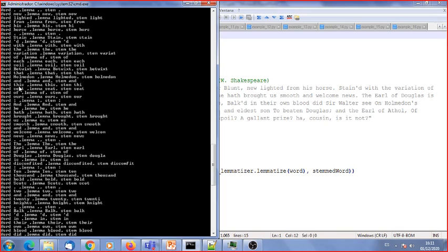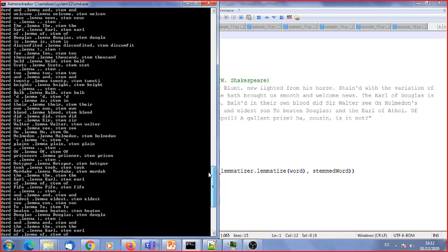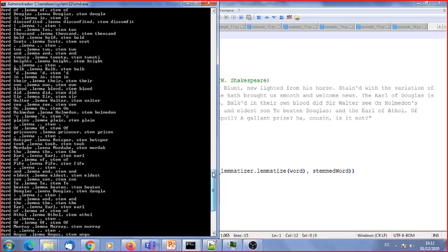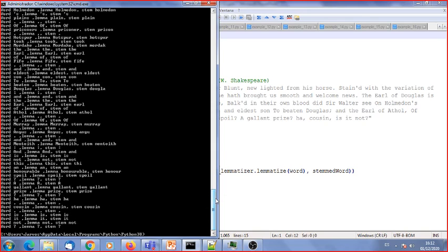For example, the lemma is "this", and the stem is "thi" without the final s. And "ours". So there are some differences, not too many, but some. Okay. Do you have any questions on this part?